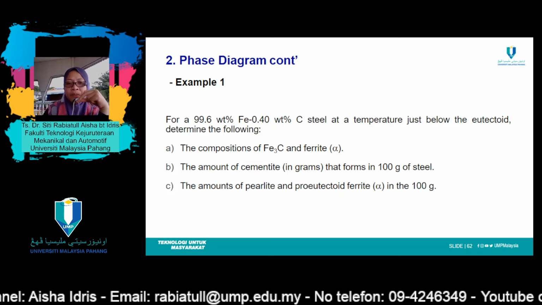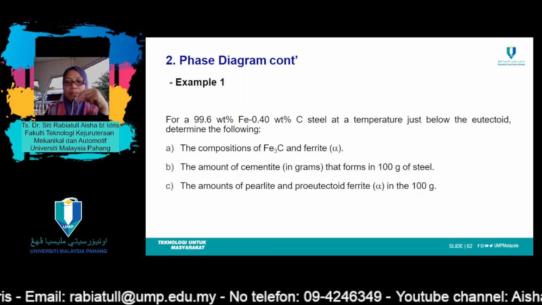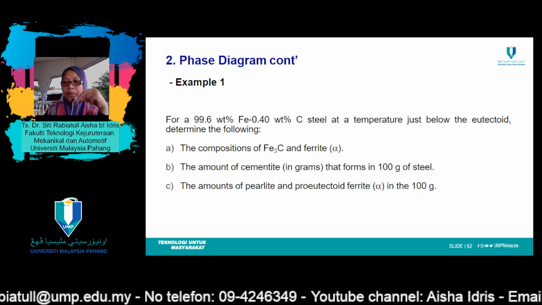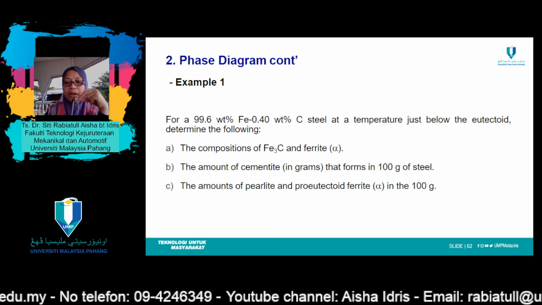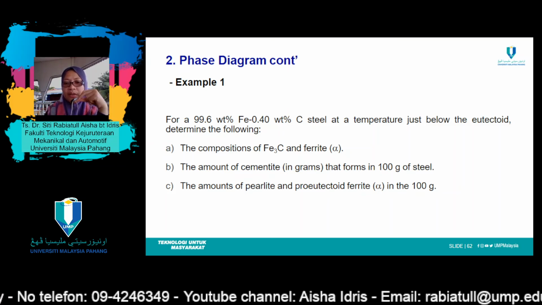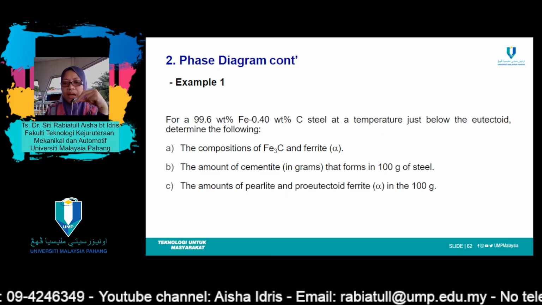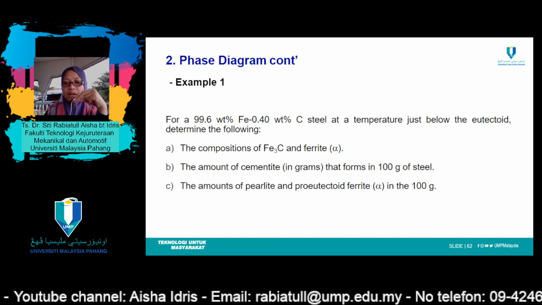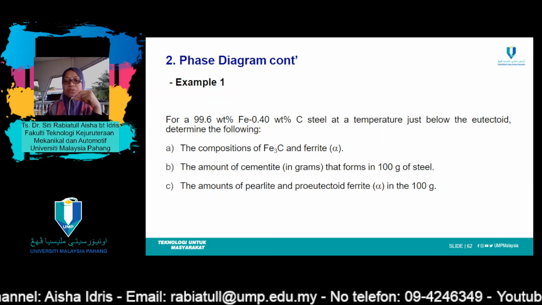For the iron-carbon phase diagram, using the eutectoid point, find the composition of ferrite and cementite. After that, find the amount of cementite in grams that forms in 100 gram of steel. And last but not least, the amount of pearlite and proeutectoid ferrite in 100 gram of steel.